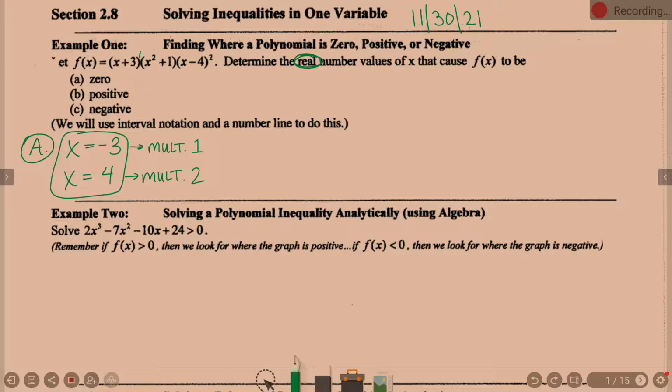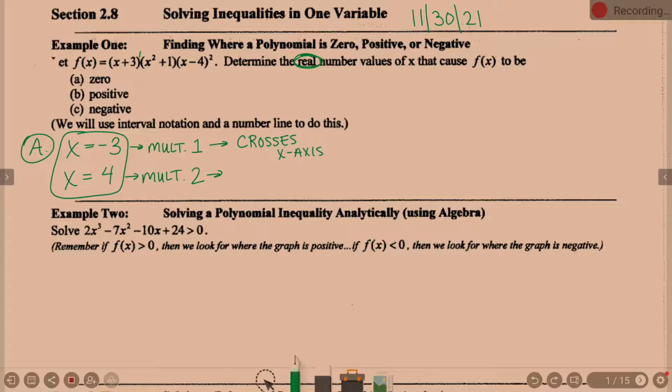While we're at it, what do those multiplicities tell me about what's happening on the graph? Where it touches or crosses the x-axis. So what happens at x equals negative 3 when there's a multiplicity of 1? It's going to cross the x-axis, and why is that? Because 1 is odd. If it has an odd multiplicity, remember, my graph will cross through the x-axis.